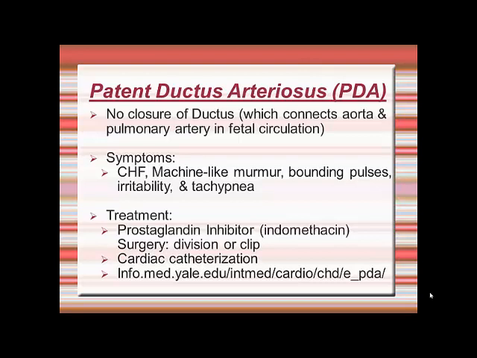The treatment: prostaglandin inhibitors. So you would give a prostaglandin inhibitor to hopefully encourage that opening to close. It could be surgery in which they would divide it or put a clip on it to cause the flow to stop going between the two main vessels.